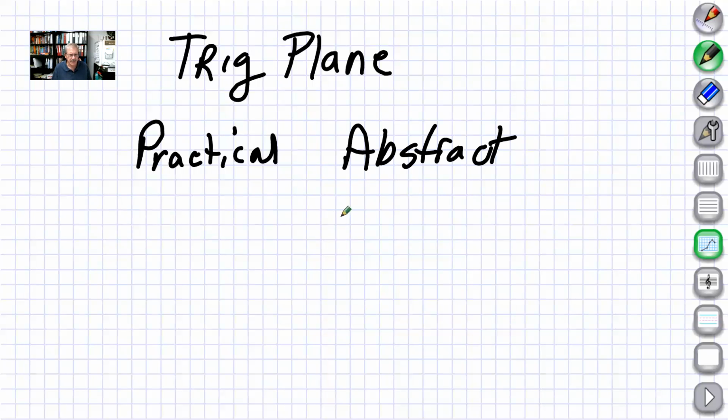So that is the abstract. Proving identities. We have to do a lot of proofs. We have certain identities, certain relationships, and we use these relationships to prove other ones. So that's the abstract part. So there's two parts. Some people like the practical, some people don't care for the abstract, some like either one, or whatever. So keep that in mind.